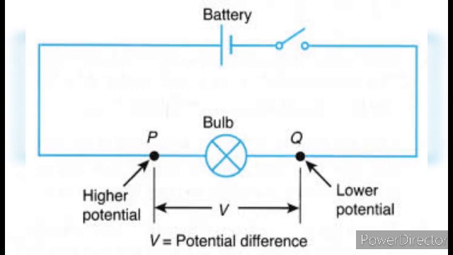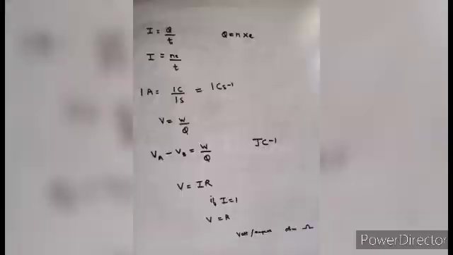Now potential difference. The potential difference between 2 points is equal to the amount of work done in moving a unit positive charge from one point to another point. And what is potential? The amount of work required to bring unit positive charge from infinity to a point is known as potential of that point. Again, it is also a scalar quantity.